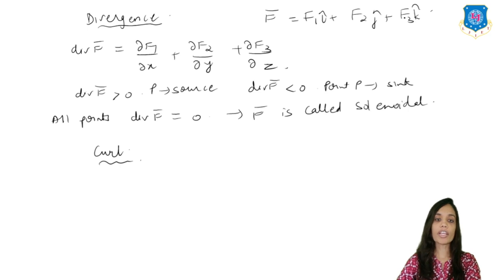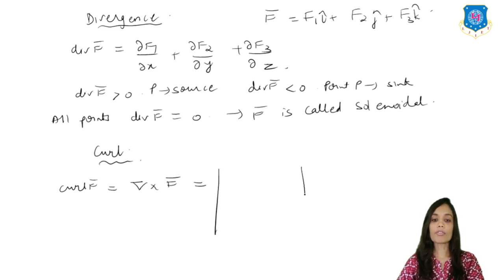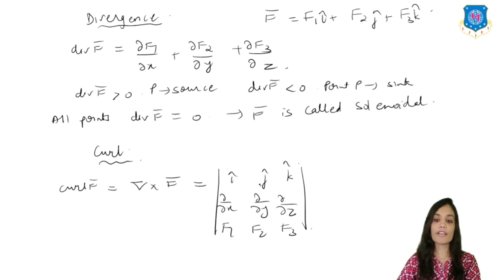Okay. Now we have studied the next definition of curl. So if you are given a vector field f bar, curl of f bar is defined as del cross f bar, and that is equals to i cap, j cap, k cap, del by del x, del by del y, del by del z, f1, f2, f3. Right? You have to solve this determinant and find the answer.